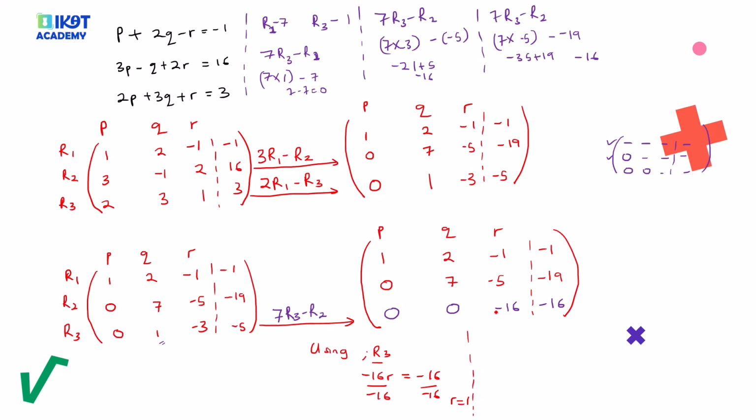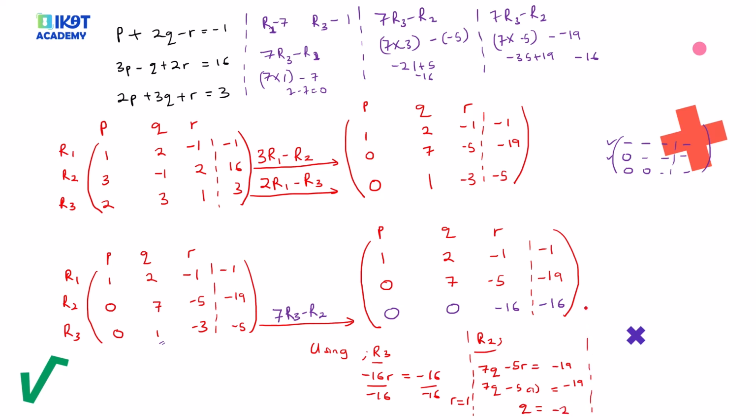And now using R2, we say 7Q minus 5R is equal to negative 19. So if you say 7Q minus 5 times 1 is equal to negative 19, you're going to get Q as negative 2.